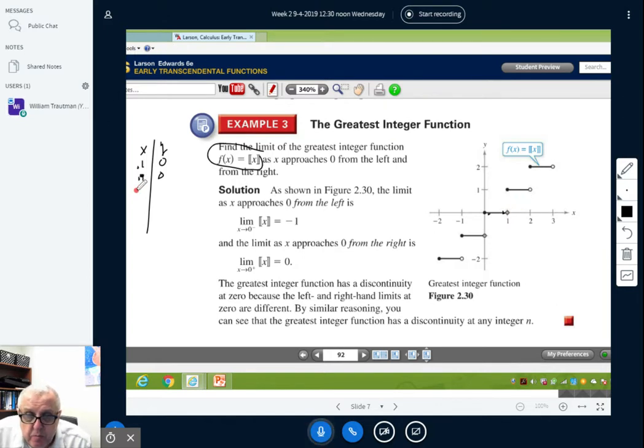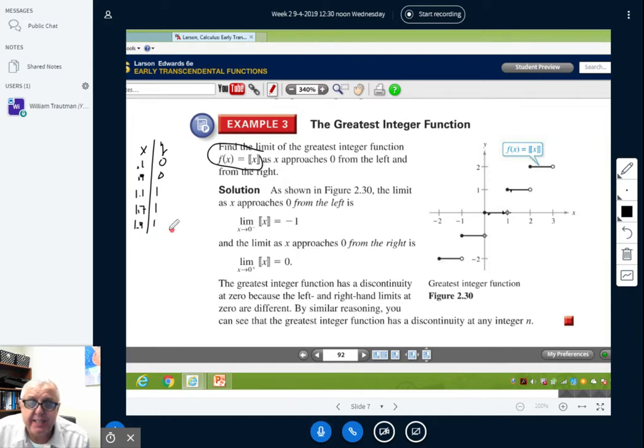Once my x value goes to 1.1, goes higher than 1, then my y value, 1.1, x is right here. Do you see? Now my y value is 1. If I go to 1.7, the greatest integer of 1.7 is 1. We don't get, even 1.9 is 1.